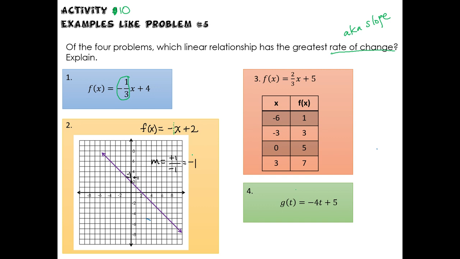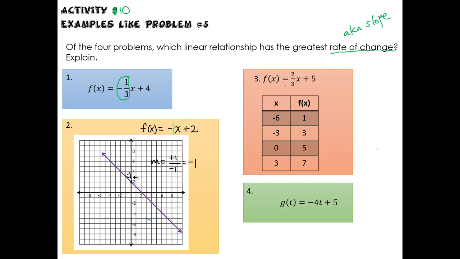And if you look down here, there was some work that was done, and sure enough, it is negative 1. We don't normally write that in. So here the slope is negative 1, and remember, we're not looking at the direction, so we're not looking at the negative. But 1 is bigger than this 1/3. So far 2 is winning. So 2 has a greater rate of change than this one. So we're going to go with 2.